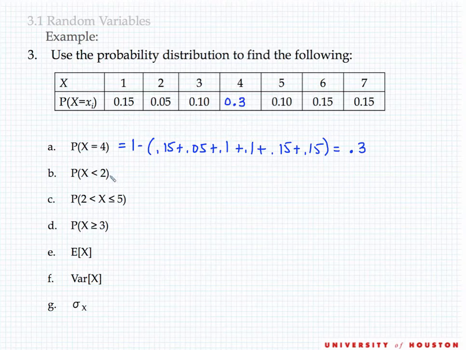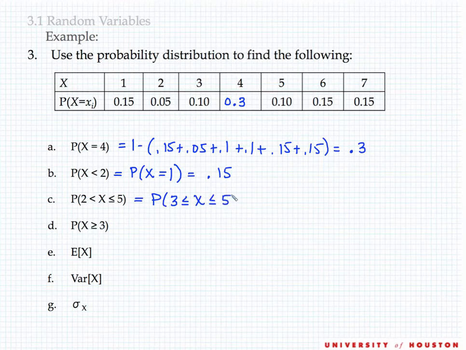Now the probability that x is less than 2, less than does not include 2, so that would be the same thing as asking for the probability that x is 1, which is 0.15. The probability that x is between 2 and 5, not including the 2, we are including the 5. This would be the same answer if I had x greater than or equal to 3 and less than or equal to 5.